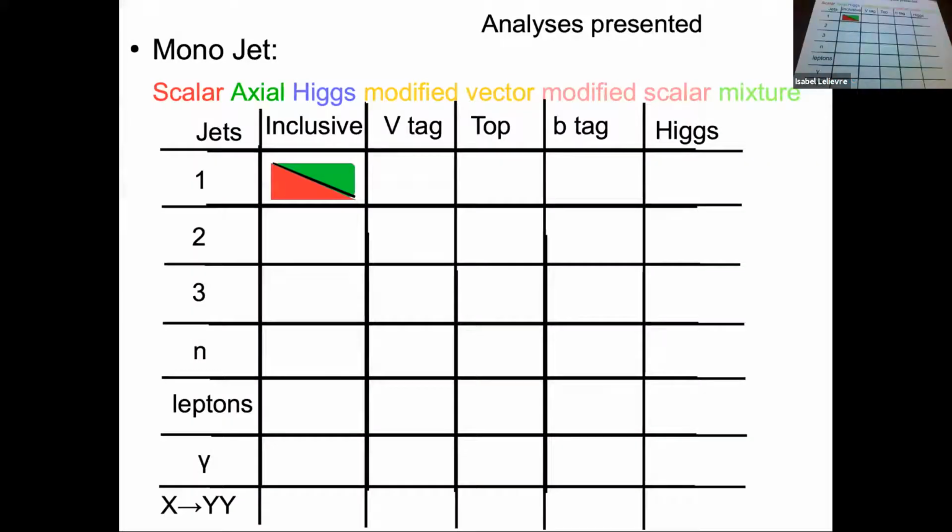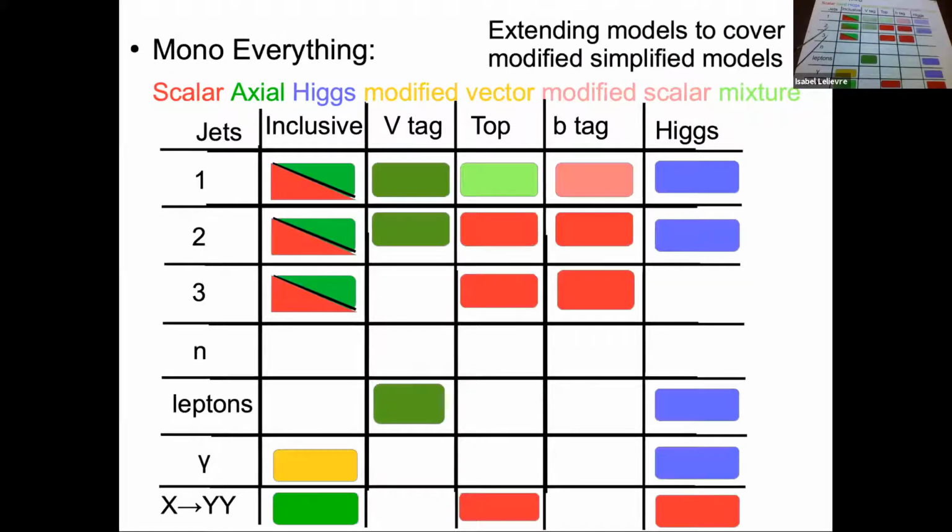All right, so just to write down all the final states, I'll go through this quickly. If you were to write down all the final states, you bin it in jets, you bin it in leptons, you can look for photon final states, and you can look for other kinds of mediator final states. And then you bin it in your tag. So if you have a Higgs boson, a B quark, a top quark, or a vector boson, you're sensitive to various different types of models. Specific regions are sensitive to specific models.